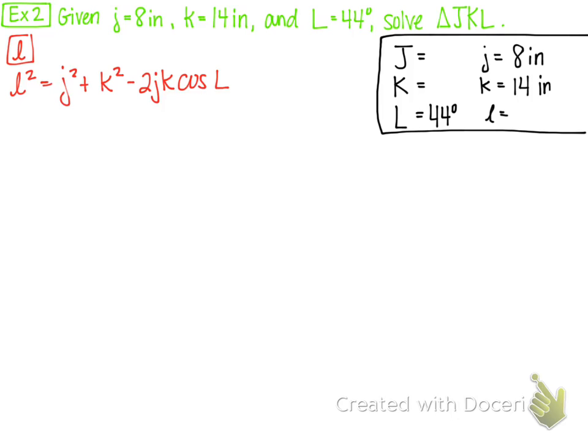So let's plug in, and we've got to find little L first. We've got little L squared, which we don't know yet, is equal to 8 squared plus 14 squared minus 2 times 8 times 14 times cosine, and this time we actually have the angle, so we can go ahead and plug it in there, 44.